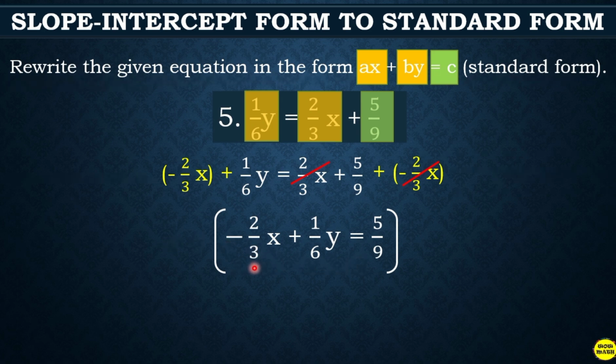What is the LCD of 3, 6, and 9? Okay, the LCD is 18. So, i-multiply natin siya by 18. But since negative yung unahan natin, so negative 18 tayo. Okay, so ganun palagi. Kapag negative, sa negative mo siya i-multiply to make this positive. So, negative 18 divided by 3.